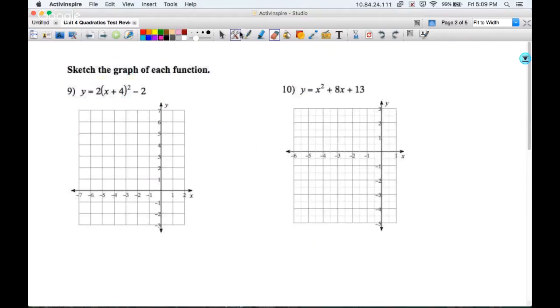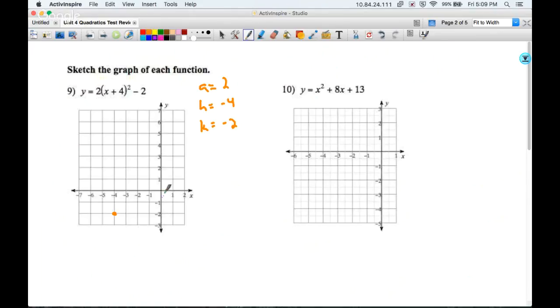All right, so number 9. This one's in vertex form, makes it pretty easy to graph. I've just got to write down what my A, H, and K values are. A is 2, H is -4, K is -2. Go to -4, -2, put a point.